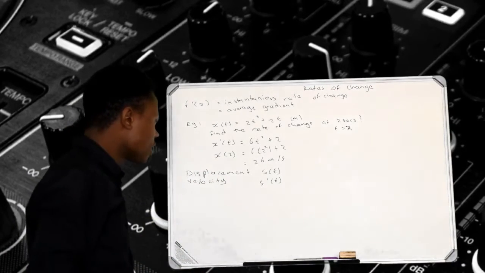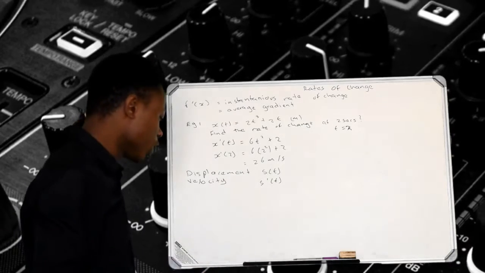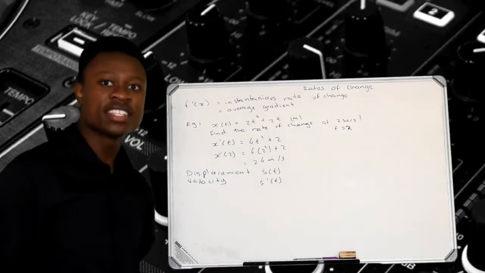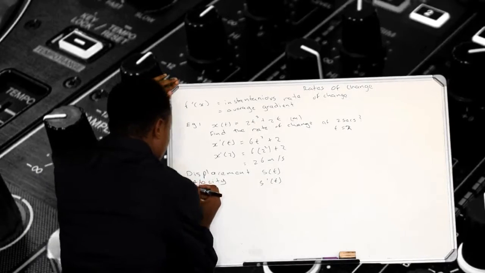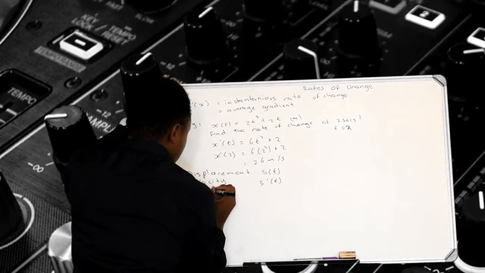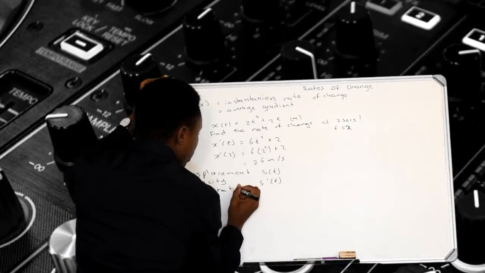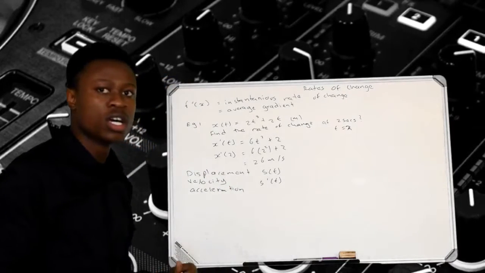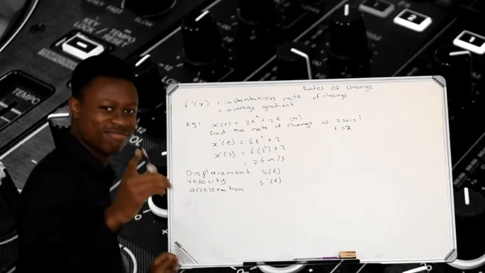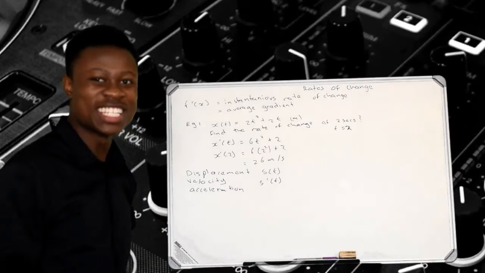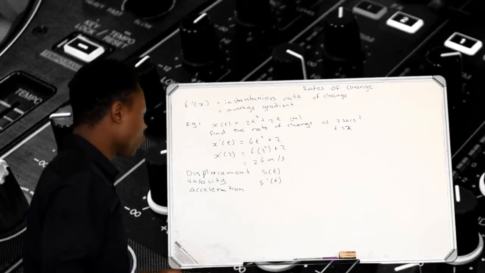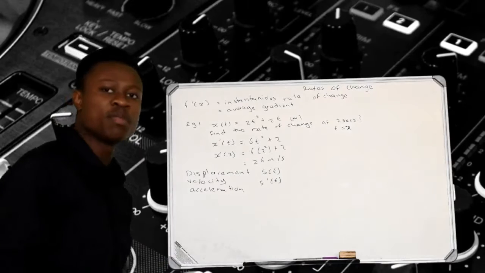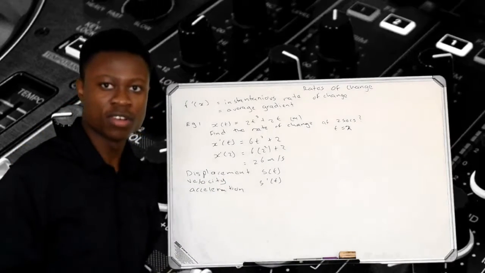So velocity. Once we have velocity, what's left? There's only one more thing that's left in this, and that is acceleration. So what is acceleration here? Acceleration, if you look at it carefully, you can denote that the acceleration would then be the second derivative, right?